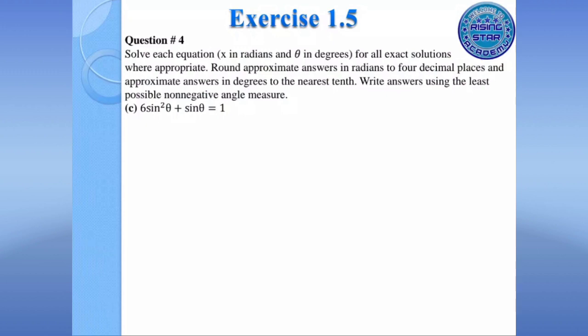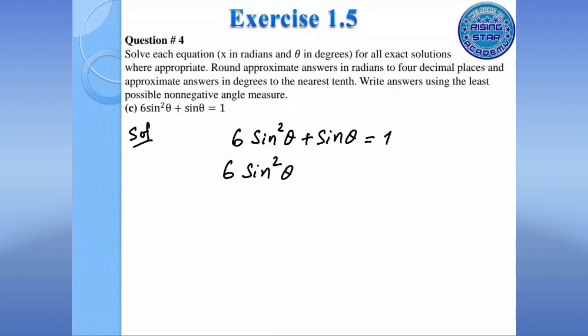In part C, we have a quadratic equation in terms of sine theta. So 6 sine squared theta plus sine theta is equal to 1. I will rearrange it. Minus 1 is equal to 0.